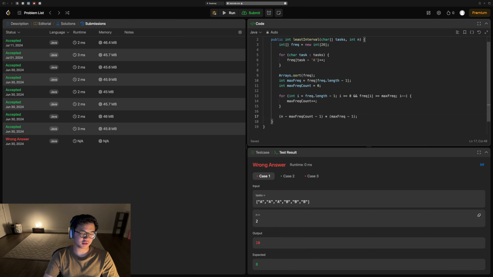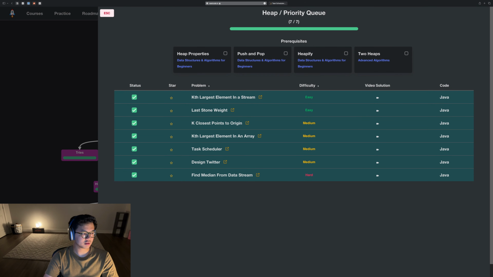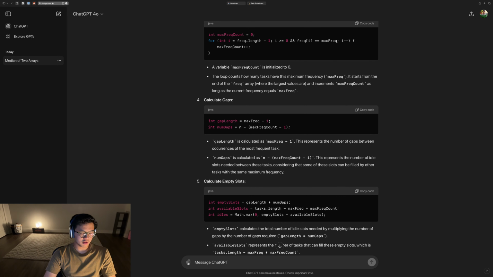There's no easy way to structure this. I don't even know what to call it.